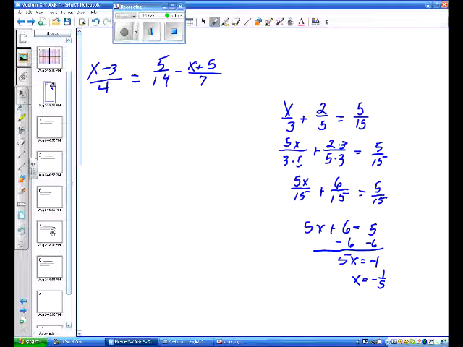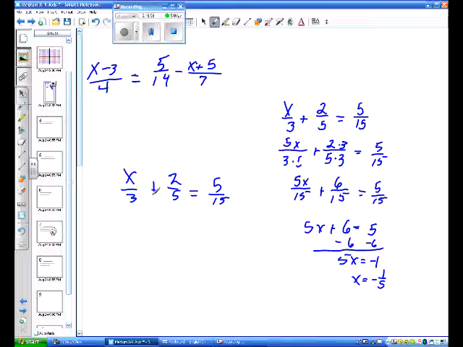Now, if you notice right here as we began working with this, if I'd taken this same equation, the 5x plus 6 equals 5x over, excuse me, let me take the original equation, which was x over 3 plus 2 over 5 equals 5/15.